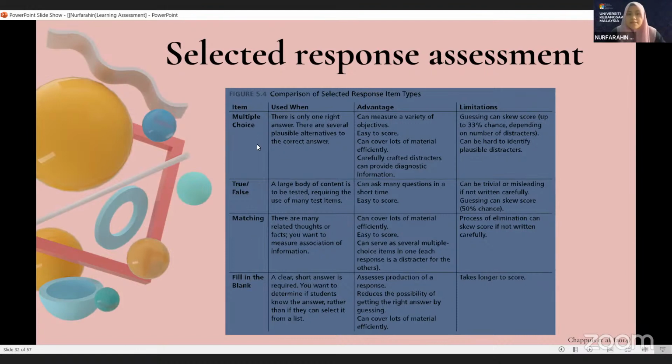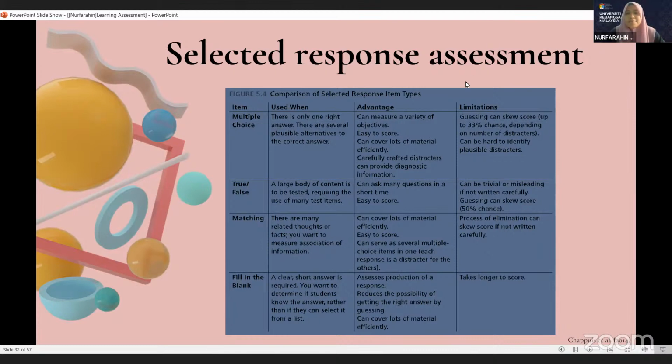When the teacher is using multiple choice questions, the best time to use them is when there is only one right answer and there are several possible alternatives to the correct answer. The advantage of multiple choice is that you can measure a variety of objectives, it's easy to score, and it covers lots of material.